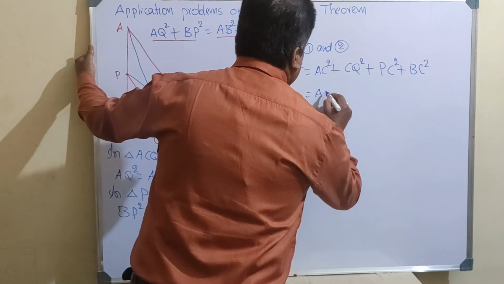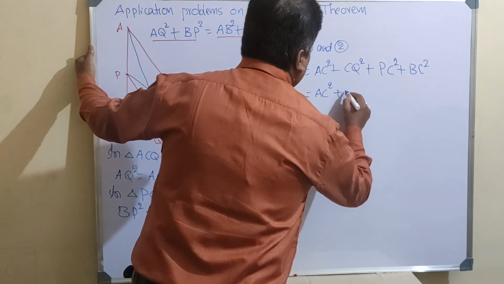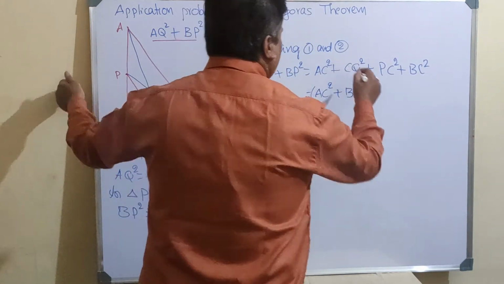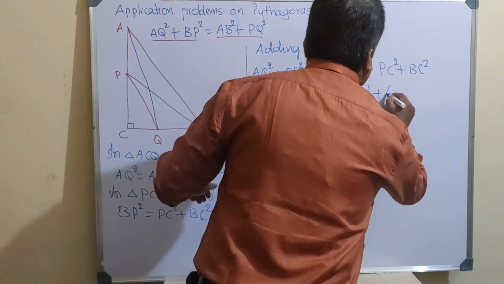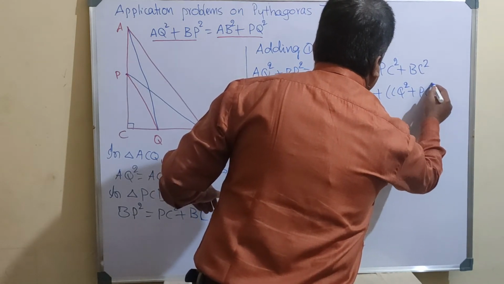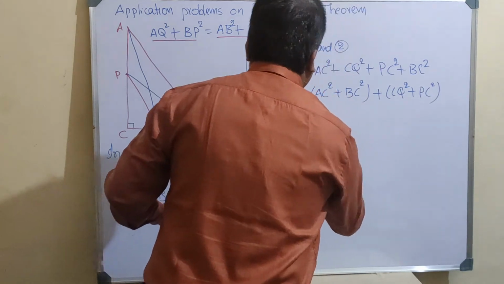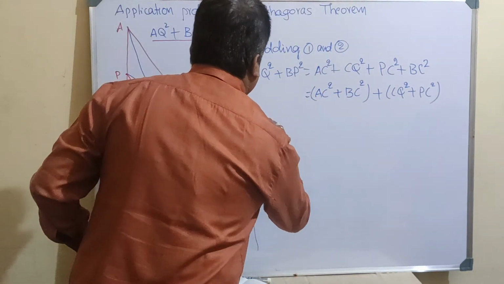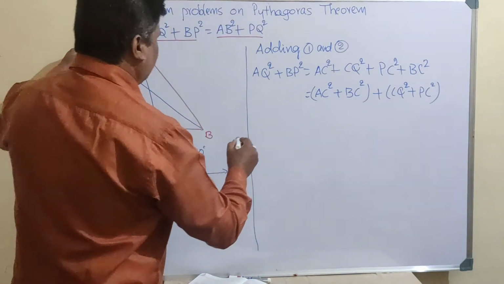That is AC square plus BC square, and the remaining two, that is CQ square plus PC square. Here we can consider triangle ABC.